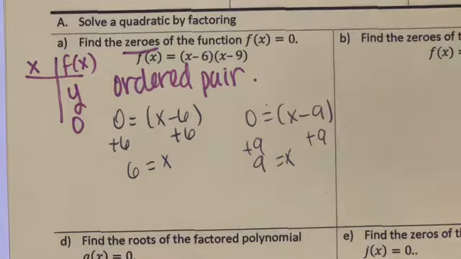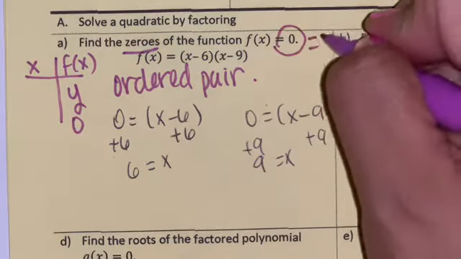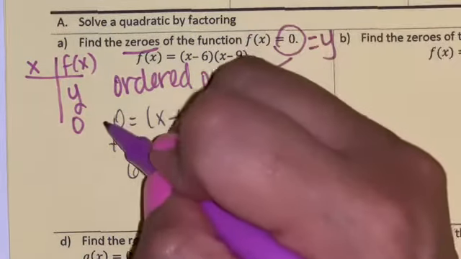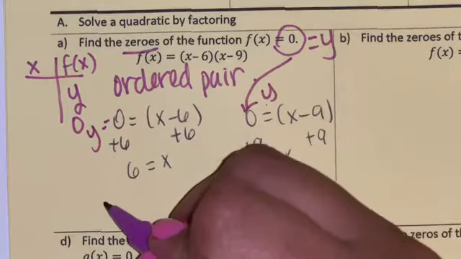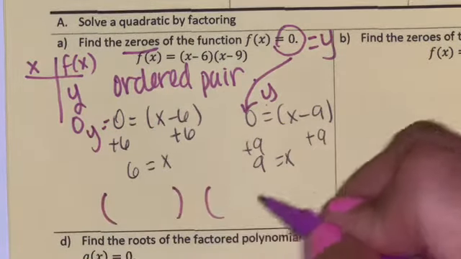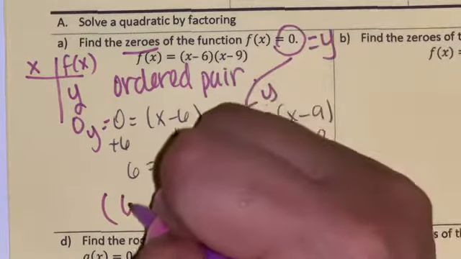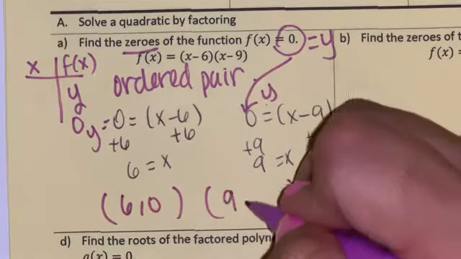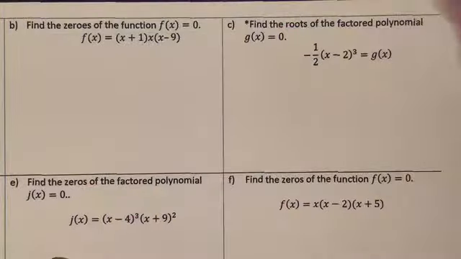We're not done. We said that f of x equals 0, which is also equal to y. So this right here is y. So let's go ahead and make our ordered pairs because we're finding the zeros, so you need the ordered pairs. So we have 6, 0, and the second one is going to be 9, 0. And these are the zeros.